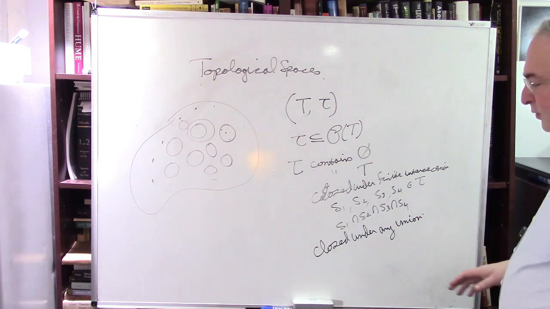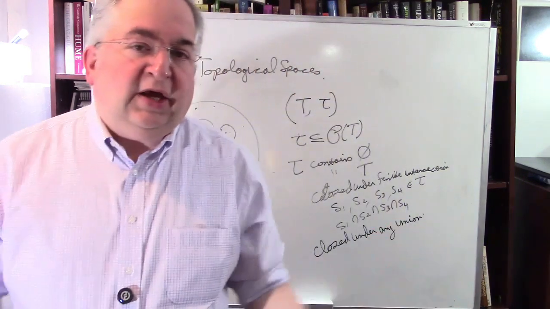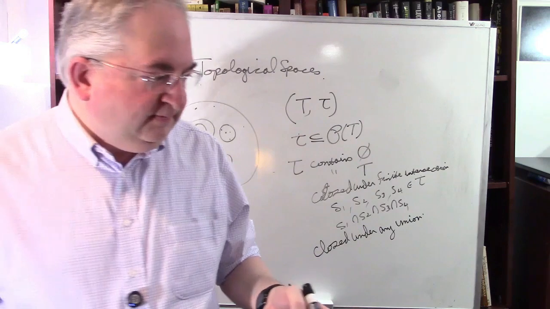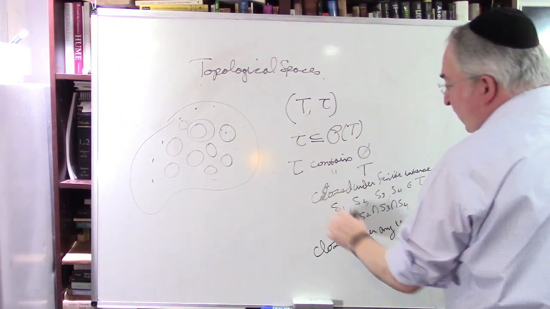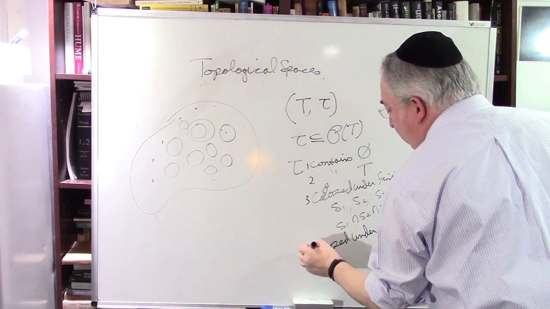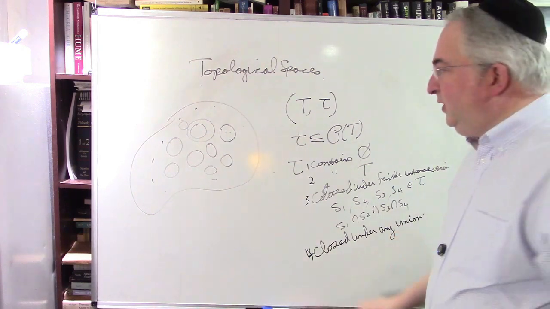In other words, take a bunch, could be an infinite number of subsets. If you take the union of all of them, that's also a subset. So any tau that satisfies these 4 requirements gives a topological space.